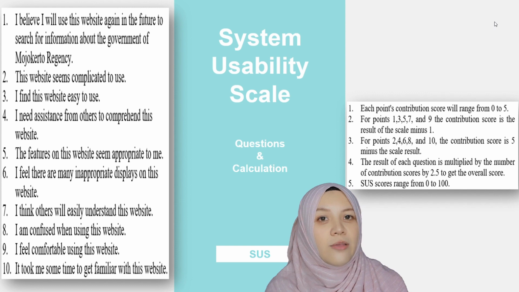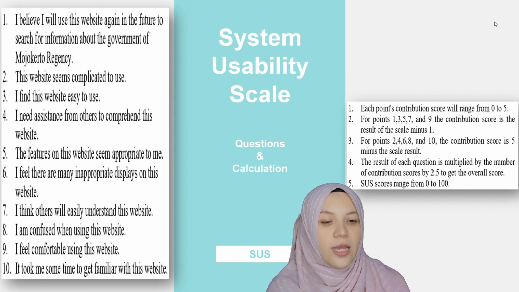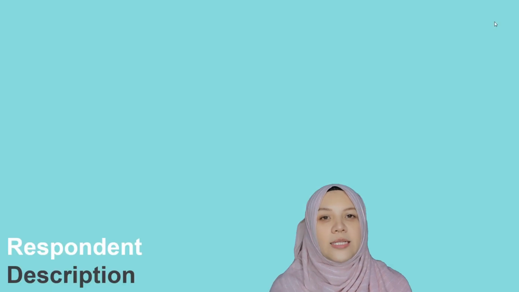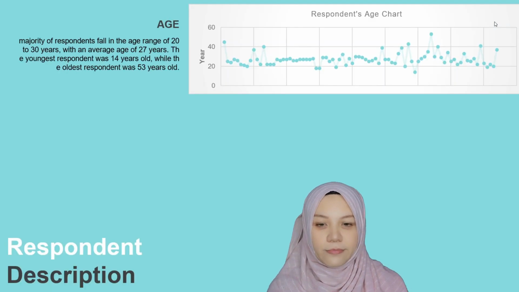And for the even numbers, 2, 4, 6, 8, 10, the score is 5 minus the scale result. After all of them are calculated, the result will be multiplied by 2.5 for the overall score.